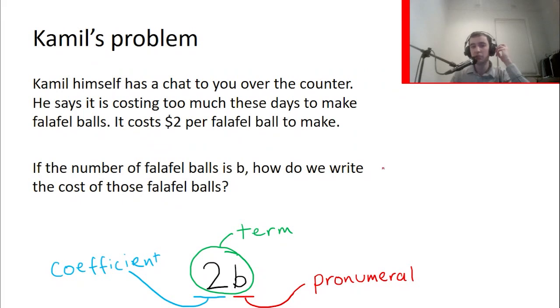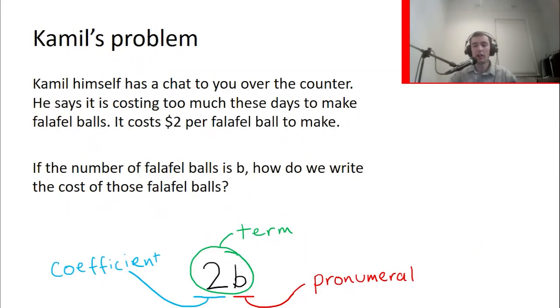If the number of falafel balls is B, how do we write the cost of those falafel balls? And we said it was 2 times B. Because one falafel ball costs $2, 2 of them cost $4, 3 of them cost $6, and the best way to write that is no matter what number B is, the cost is always 2 times that number. So it was 2B.